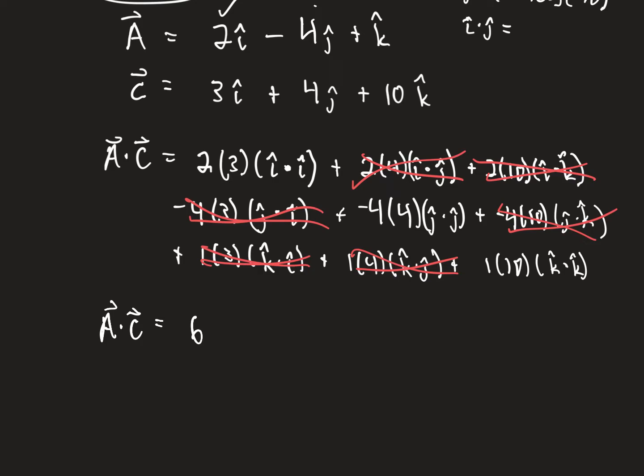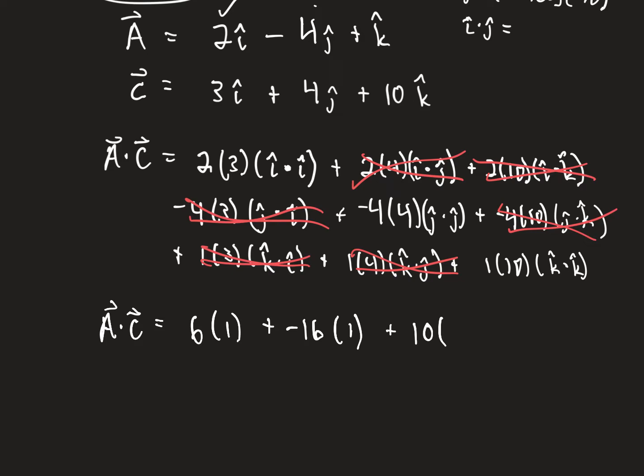So I just have this number, 6 times 1. Plus, what's negative 4 times 4? Negative 16. You can use a calculator for it too. Google will get it right if you just type in negative 4 times 4. What's j dot j? 1. And then last is 1 times 10, I can't read my own handwriting. 1 times 10 is 10.